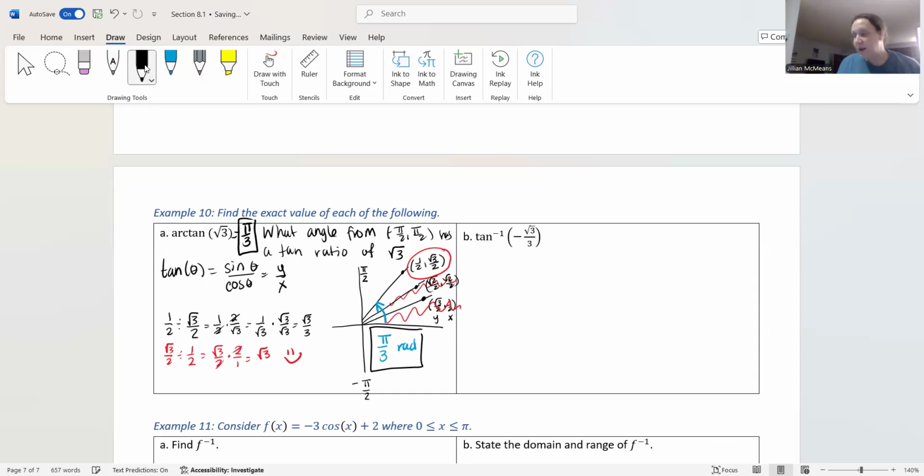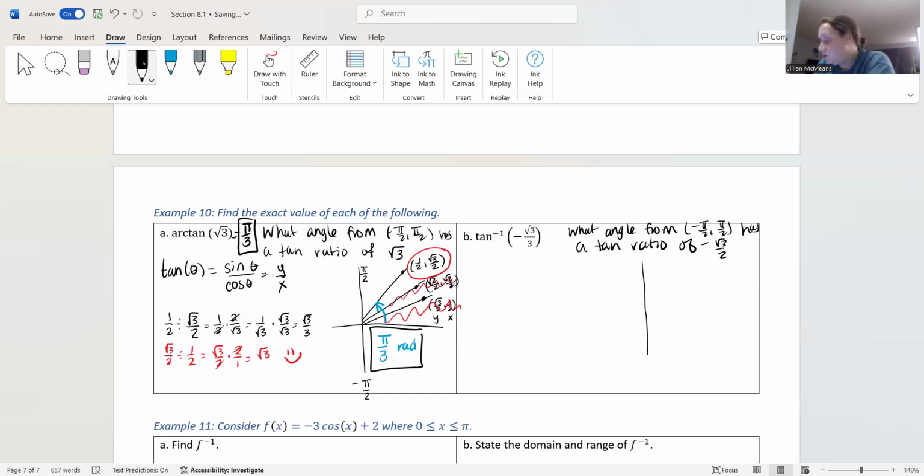Okay? Now, let's go over to part B and visit inverse tangent of negative root 3 over 3. So again, very informally, what this is saying is what angle from negative pi over 2 to pi over 2 has a tangent ratio of negative root 3 over 3. Well, if tangent's negative and we're restricted to negative pi over 2 to pi over 2, that means we have to be in quadrant 4, because tangent's positive in quadrant 1.